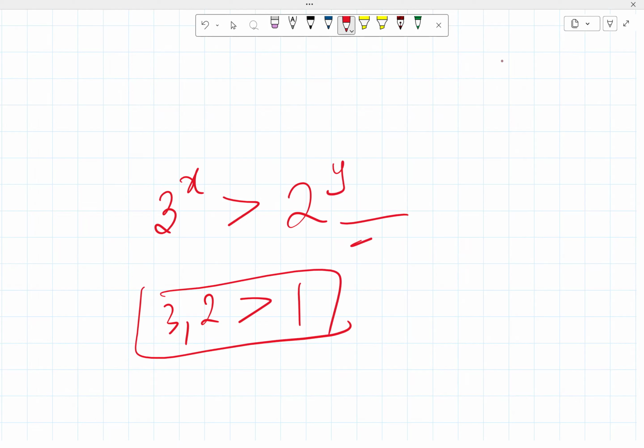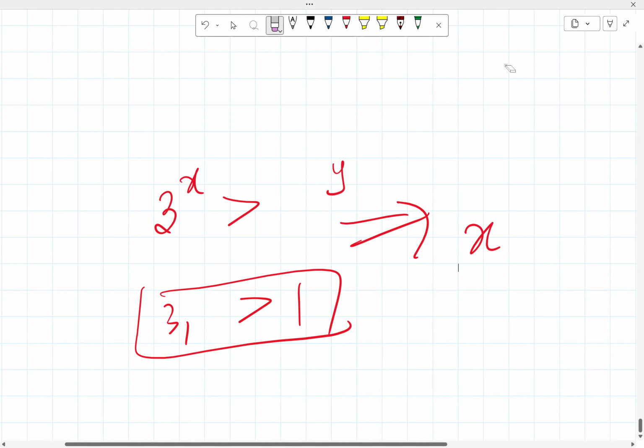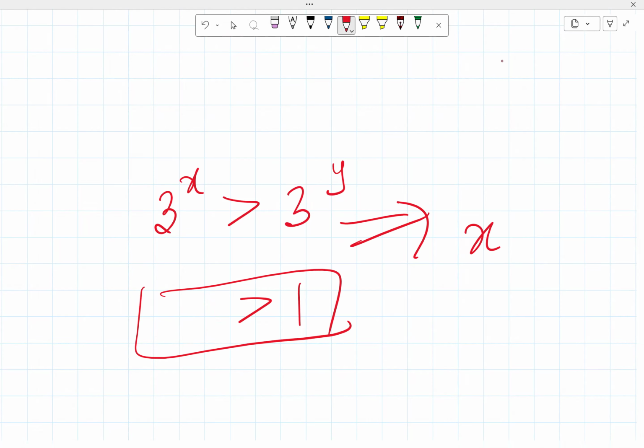Okay, this is what I should be doing here. If the base is the same, 3 raised to power x greater than 3 raised to power y, we know 3 is clearly greater than 1, so it's clear that x will also be greater than y.